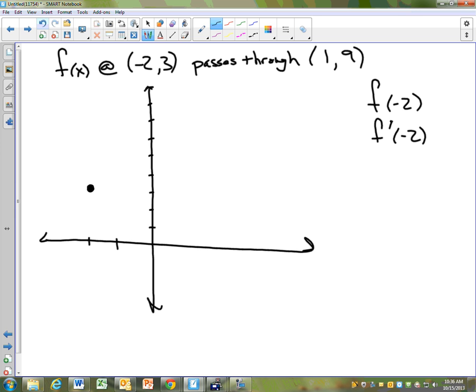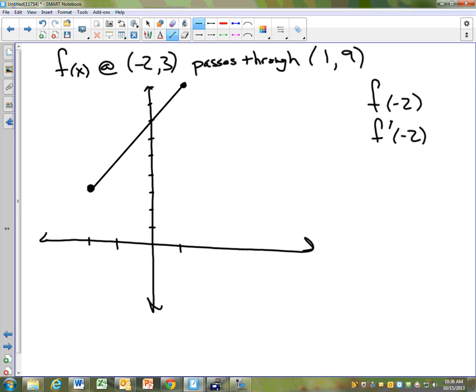It goes through that spot, right? And the tangent line at that spot ends up going through 1, 9. Does everybody agree that that appears to be the line tangent?